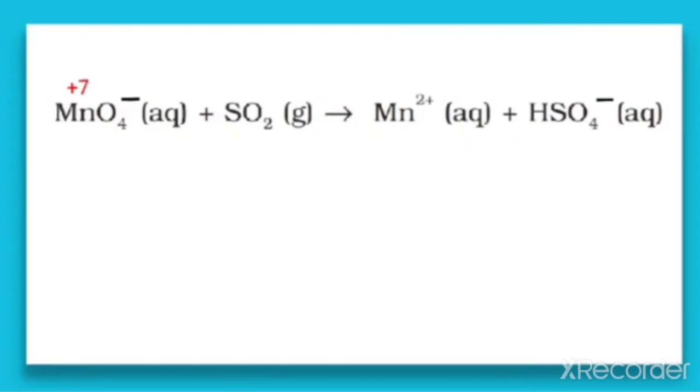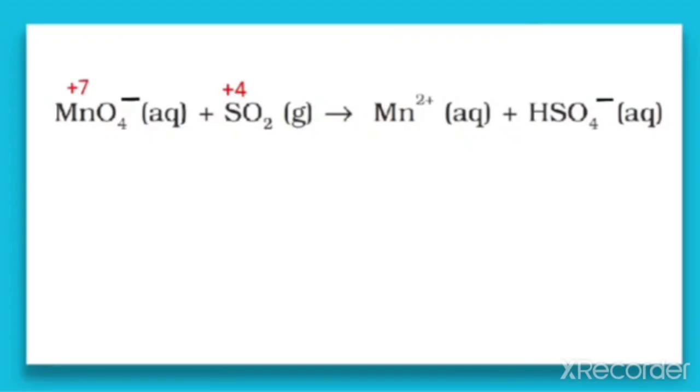Next, oxygen here is in the oxide form, so it is -2 and it is not changing here, therefore there is no need to write the oxidation state of O. But for sulfur, the oxidation state in SO2 is +4, so write it on top.